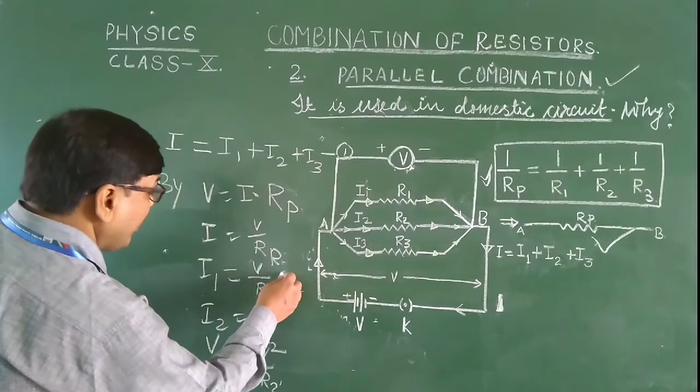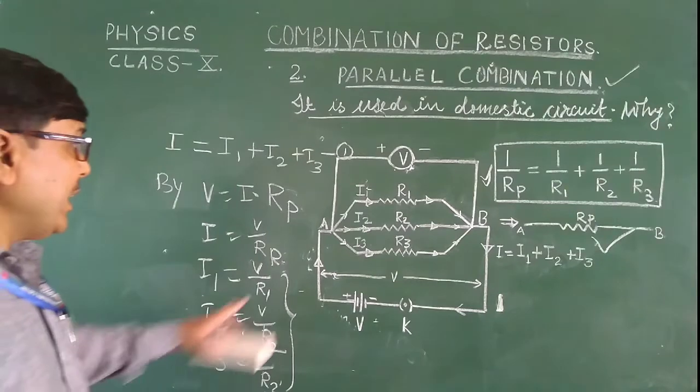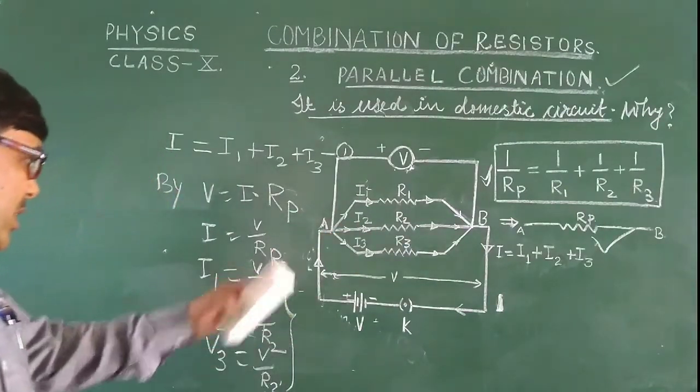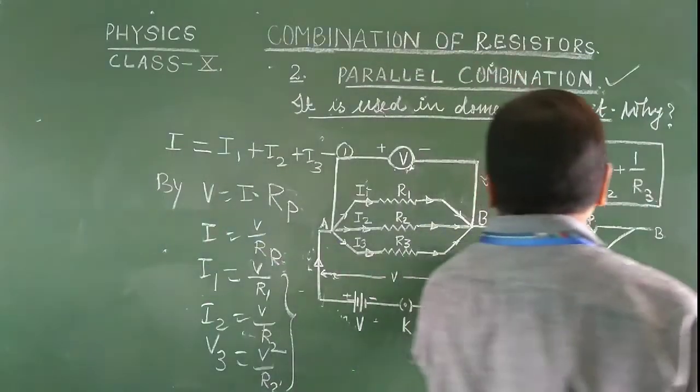These are the expressions of flow of current in each and every resistor. We will put this value in equation 1.